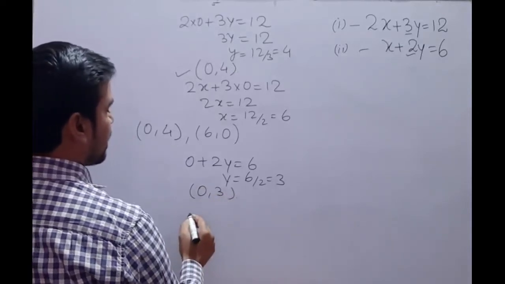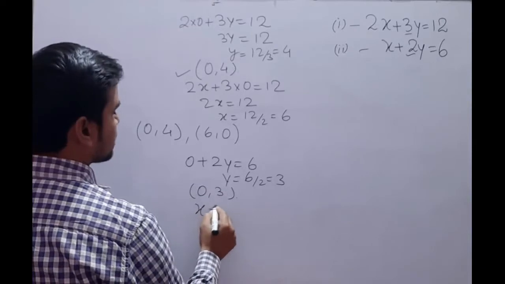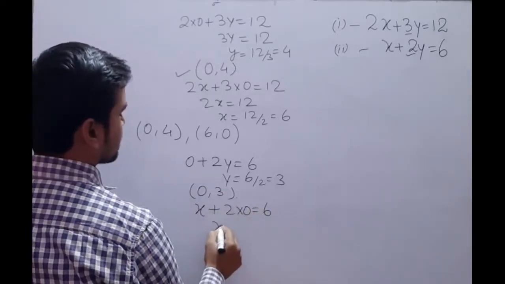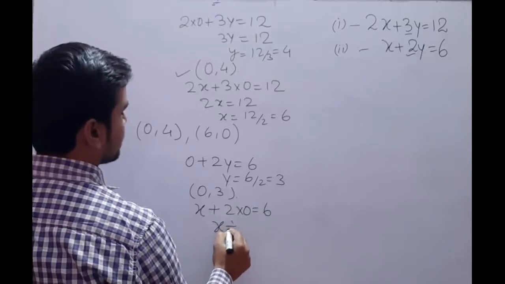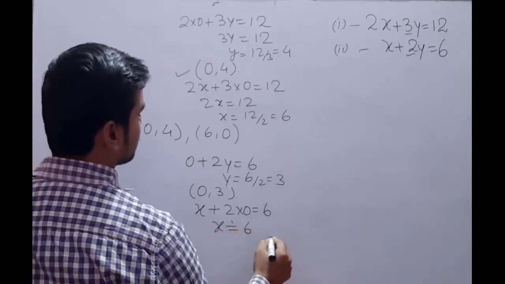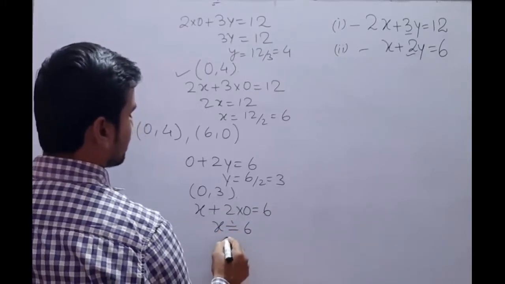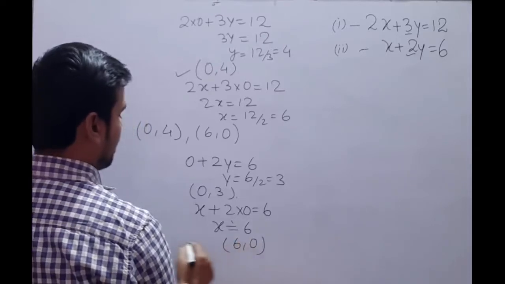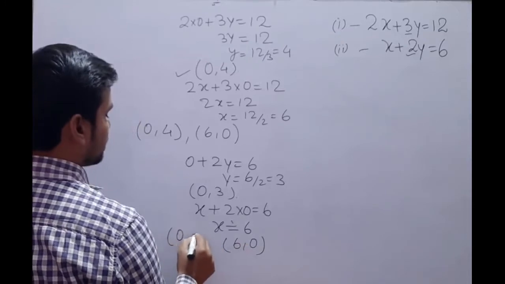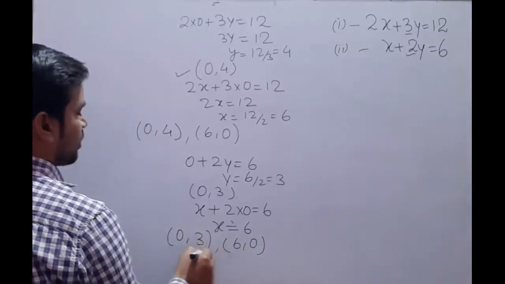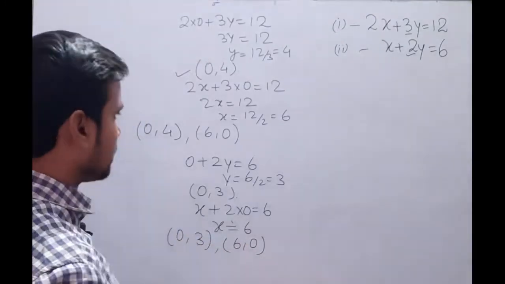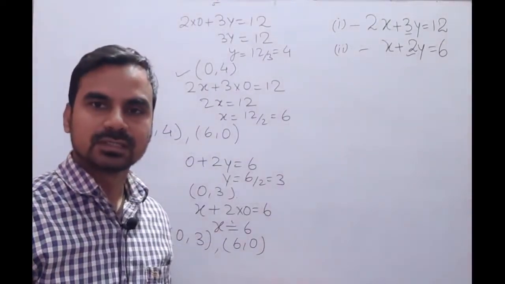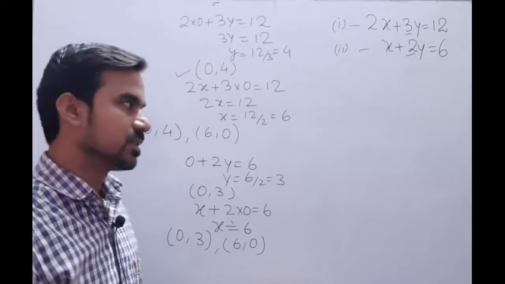When we put y equals 0, x plus 2 into 0 equals 6, so x equals 6. So the coordinate is (6, 0), and the first coordinate is (0, 3). So again we have got two coordinates. In this way we find the coordinates and now we will make the graph.